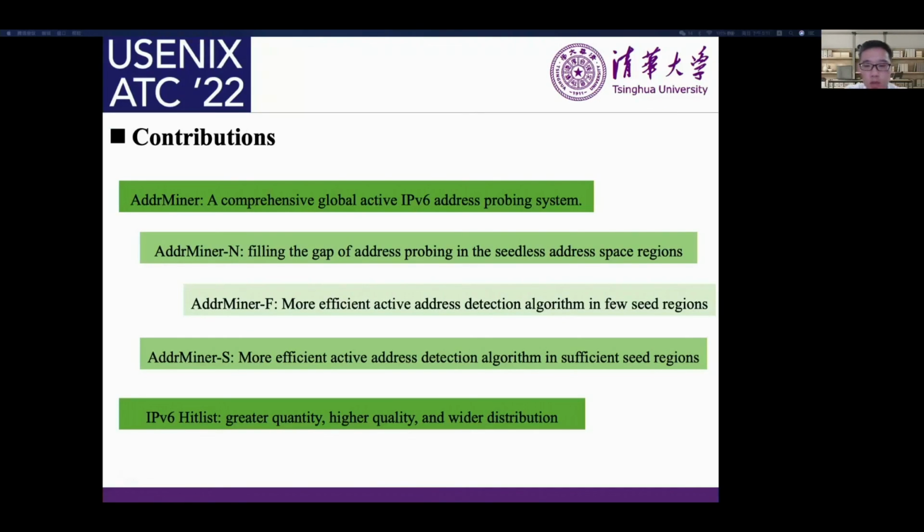Secondly, we design 3 efficient detection algorithms for 3 different scenarios, including AddrMiner-N, AddrMiner-F, and AddrMiner-S. Finally, we built an IPv6 hitlist with greater quantity, higher quality, and wider distribution.